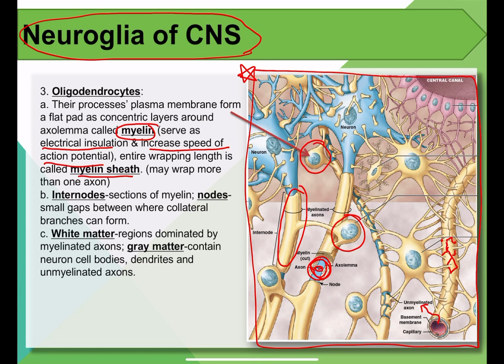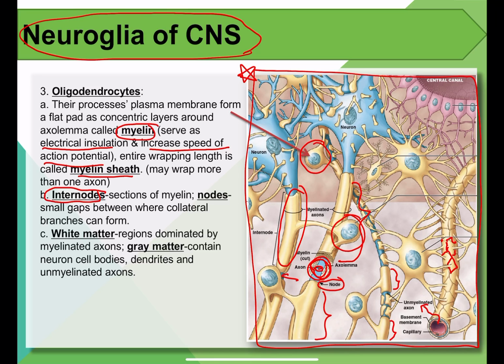All right, so those that are wrapped by myelin sheath, we call those the internodes. So these are your internodes right here. This is an internode, this is an internode, this is an internode. There are sections where myelin sheath is wrapping around it, whereas nodes are the empty area.